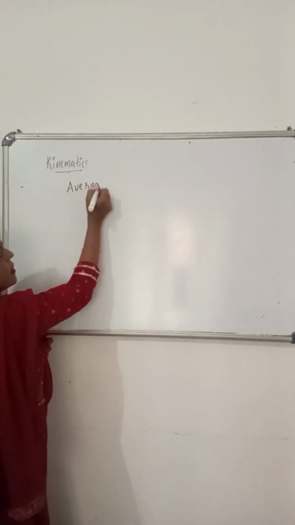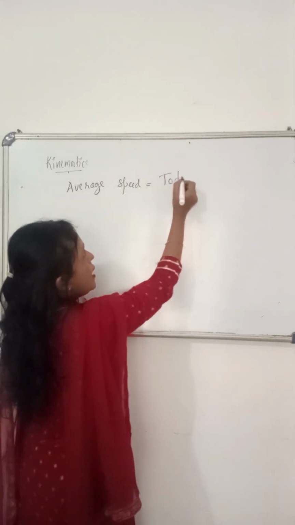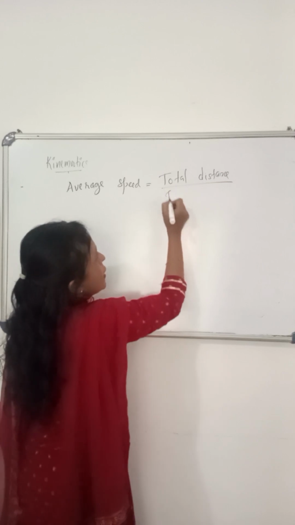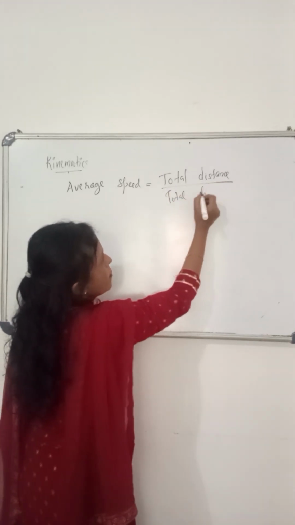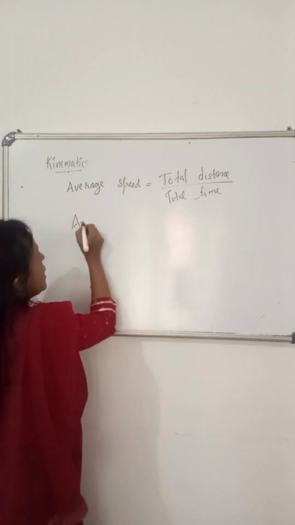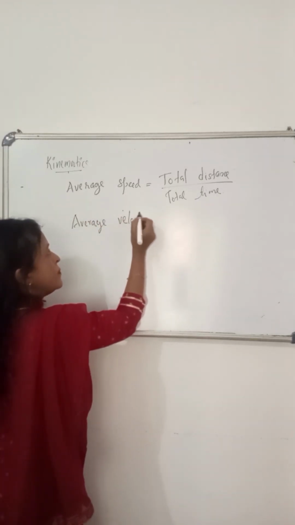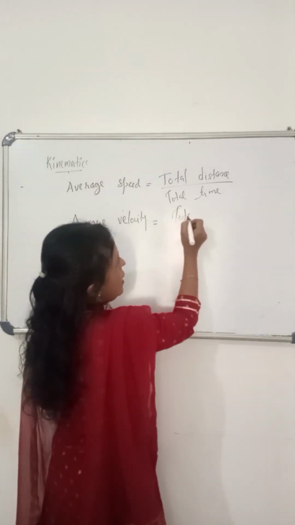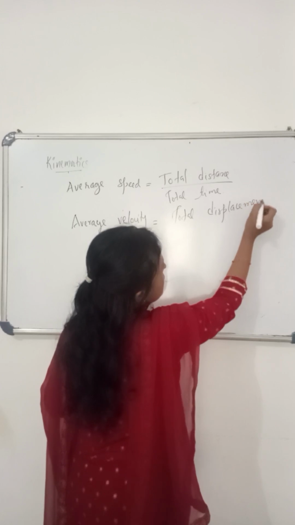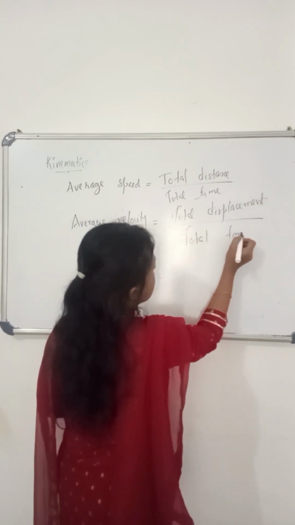Average speed is the total distance divided by total time taken, and average velocity is the total displacement divided by total time.